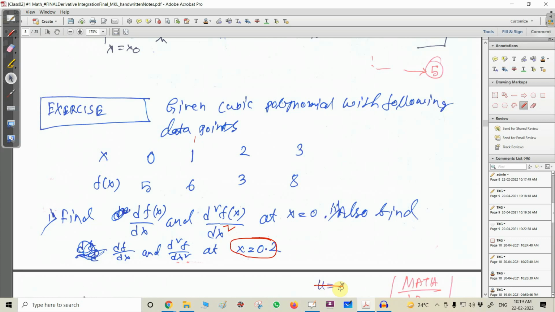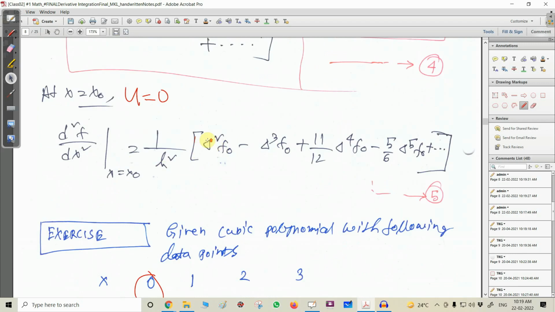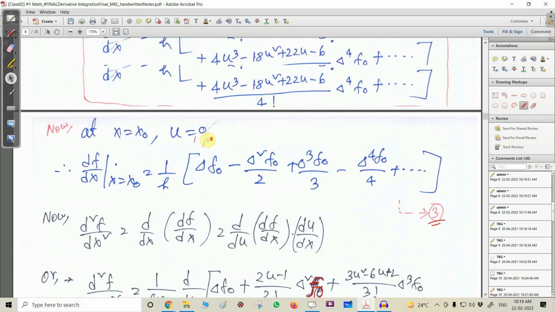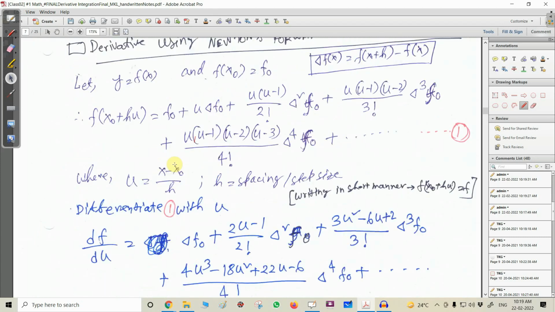Are you done with the writing, class? Okay, now for x equals 0, where we already have the value, we have to find what values we need from this equation. See, the equation contains all the del operators, del f0, del square f0, and what does del mean?